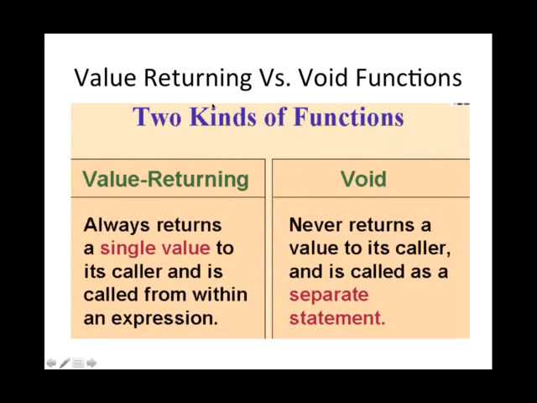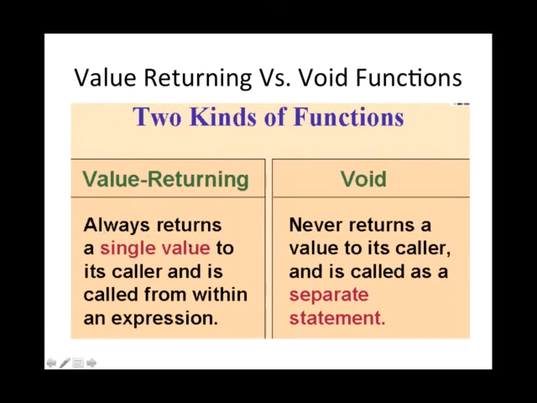So there are two types of functions, value returning versus void function. You have used this one, my students have used this in the assignment on computational compound interest when they called the power function called POW. This kind of function is value returning.